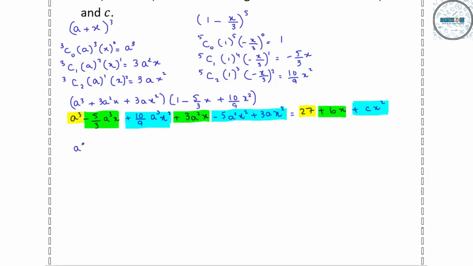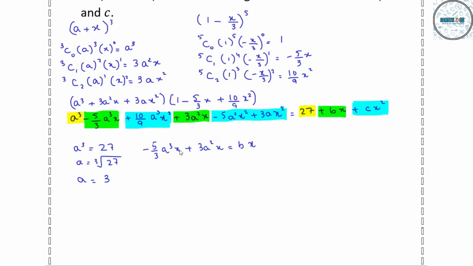So a cube is equal to 27. A is equal to the cube root of 27, which is 3. So a is 3.